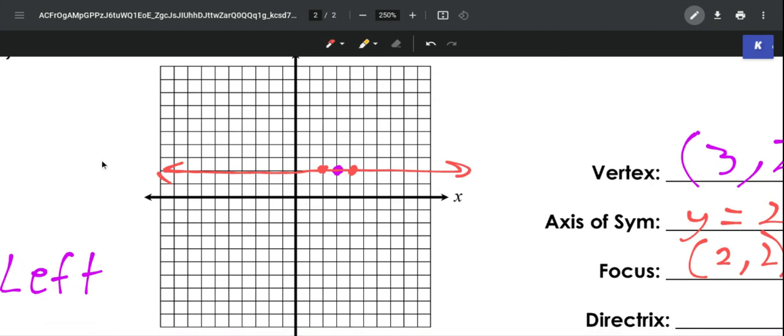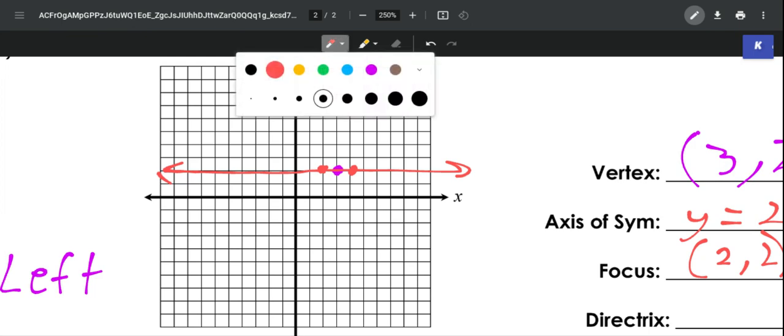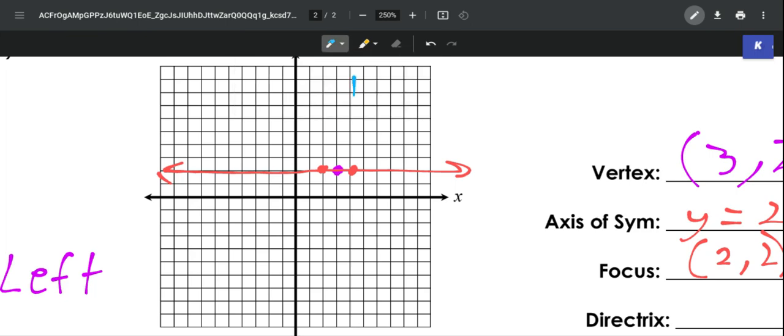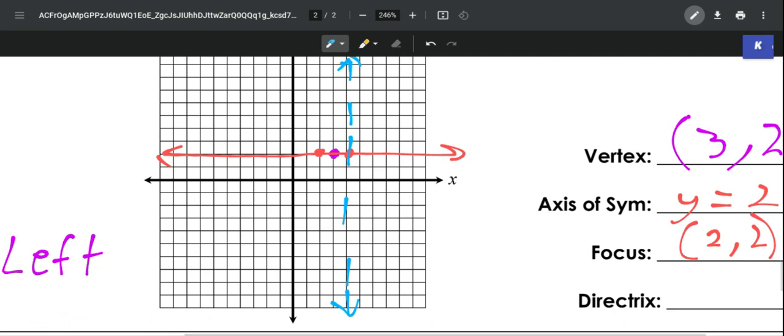So our directrix is a dotted line, and it's going to be perpendicular to our axis of symmetry. So if our axis of symmetry is horizontal, that means the directrix is going to be vertical. And the equation for that line, let's see, it intersects right here on the x-axis. So that would be x is equal to what? 4? Yeah. X equals 4.